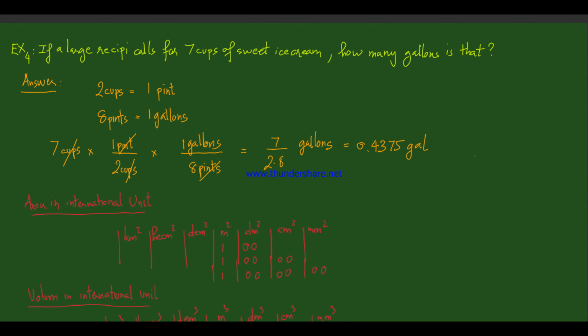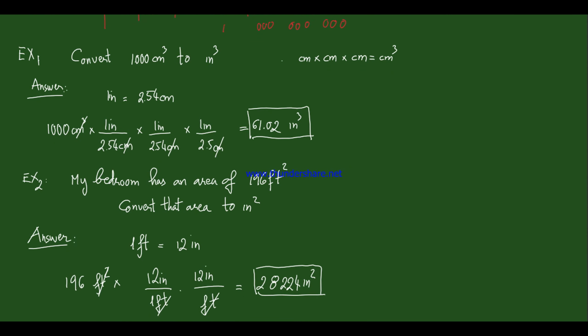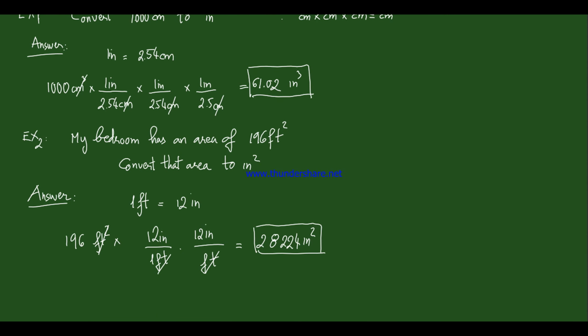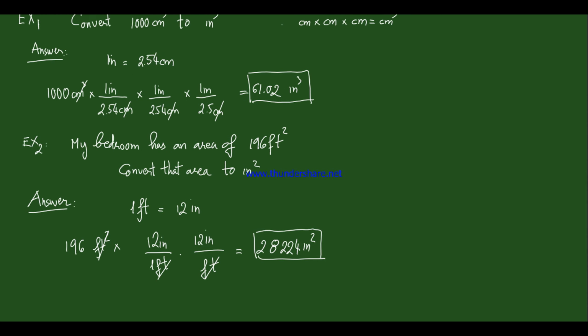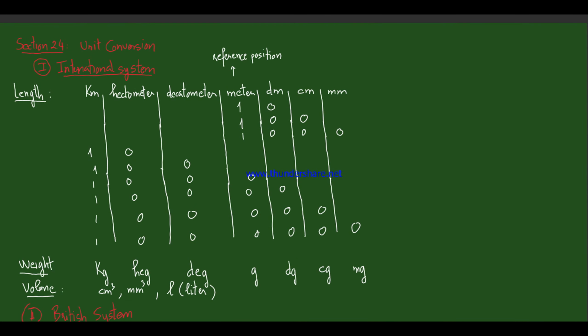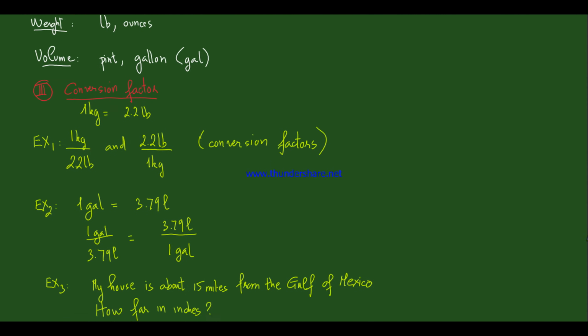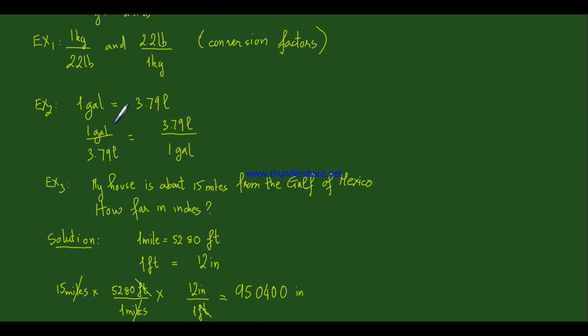Oh, right over here. Feet to miles: we have feet is 12 inches, but we don't have it. It means that we need to look it up on the internet. Maybe I have it here. Here you go.